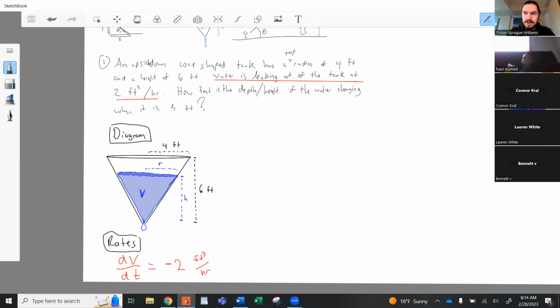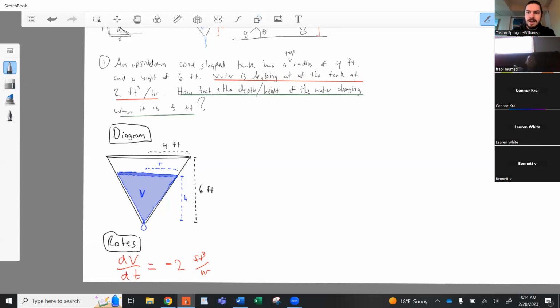Now, another rate that we would want to know at some point is how fast the depth of the water is changing when it is 3 feet.